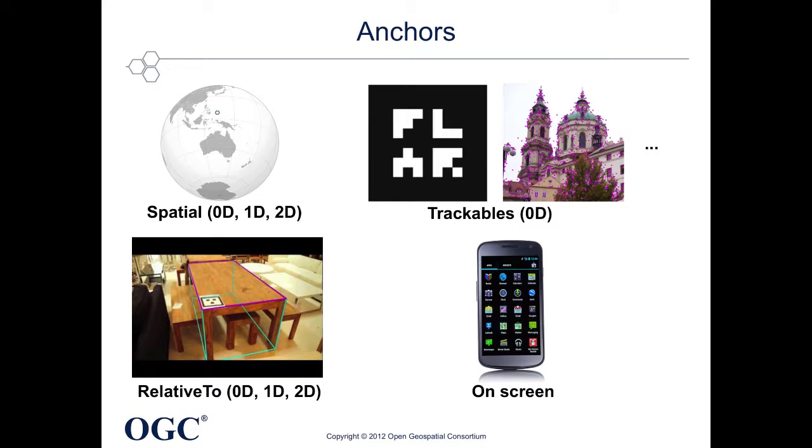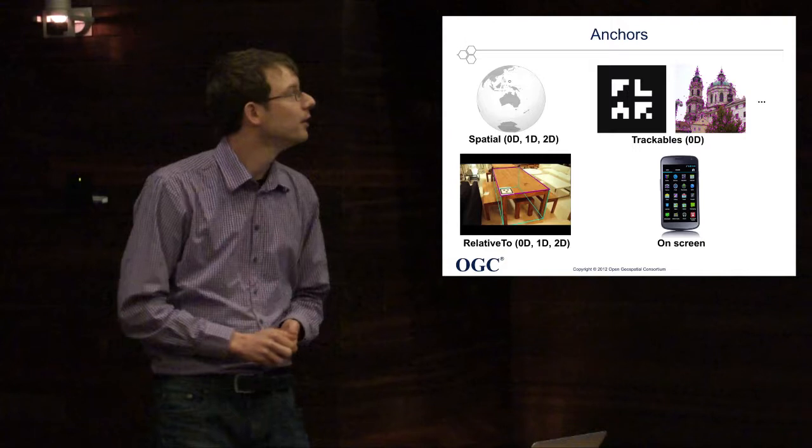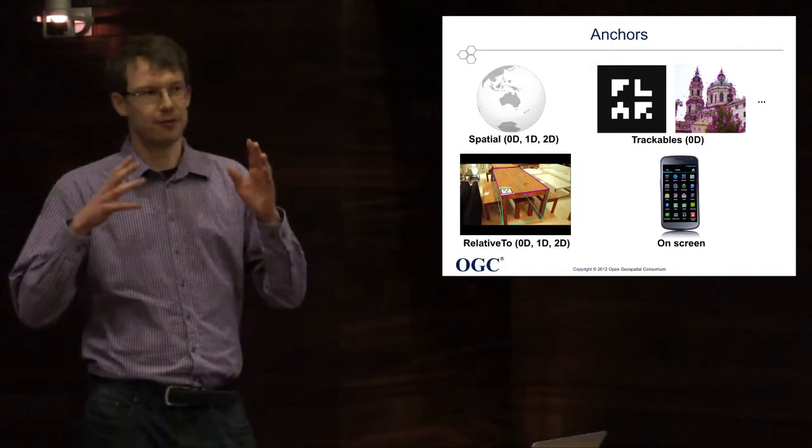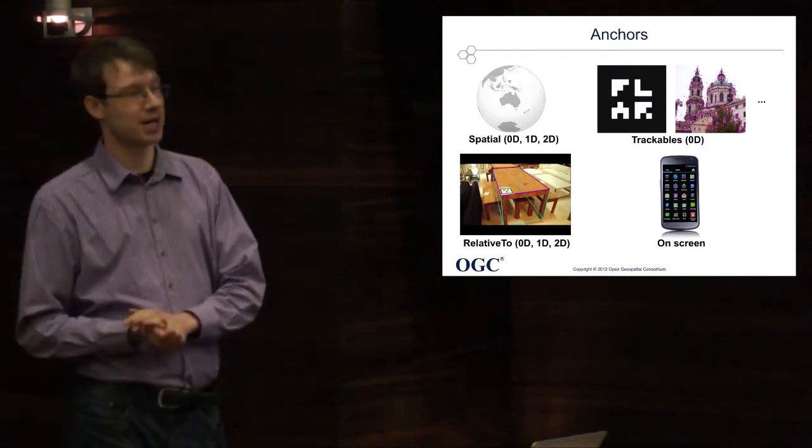We have several types of anchors that are currently supported in ARML 2.0. I mentioned a couple of them already. Spatial anchors, basically a position somewhere on the Earth. And George was already mentioning that WGS84 might not be sufficient for all the AR scenarios, especially when AR moves into indoor scenarios. So we do not restrict the coordinate reference system to WGS84.